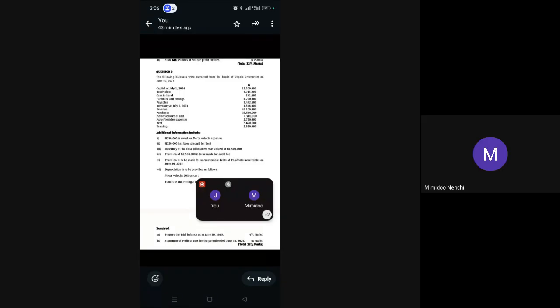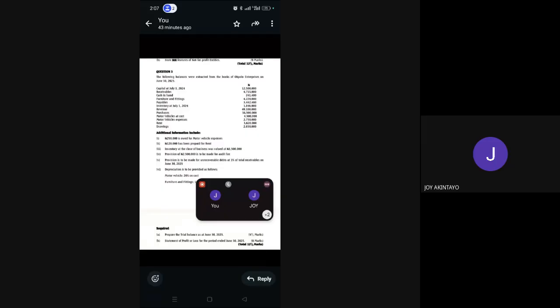It is our expense. How much? So we have 38,500. Are we together?